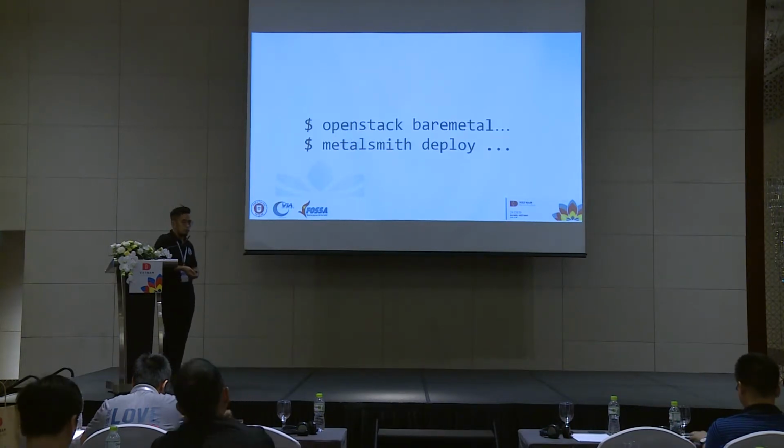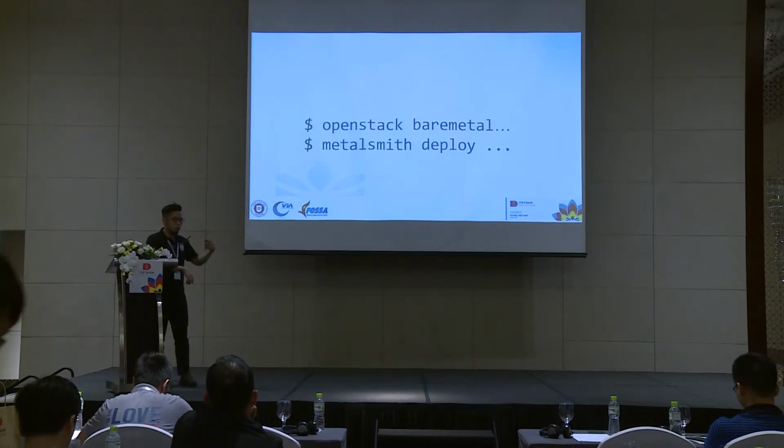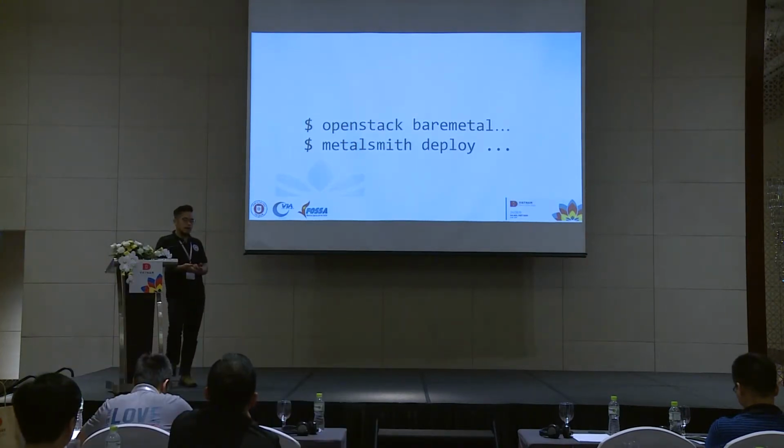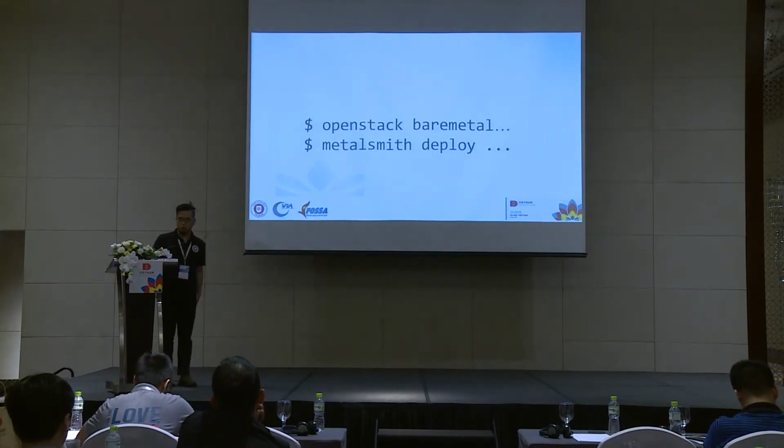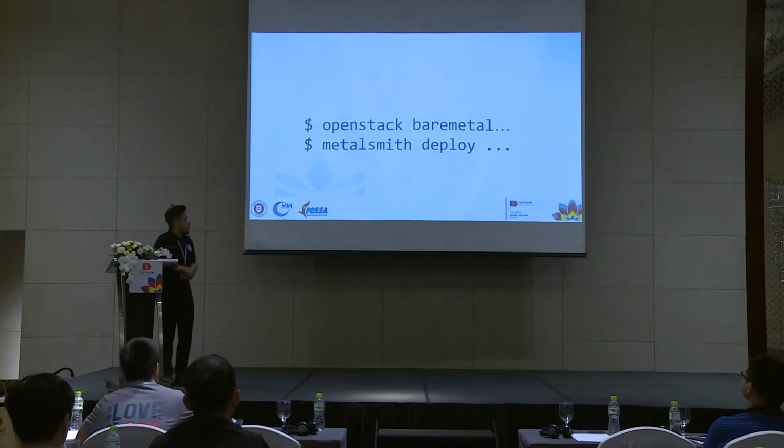Metalsmith is a tool set that does what Nova has been doing: it creates the network in Neutron, and then gives the network information to your Ironic service. Ironic will be ready when directly creating a bare metal node, which will be under control by Neutron because you already created the port in Neutron through Metalsmith.